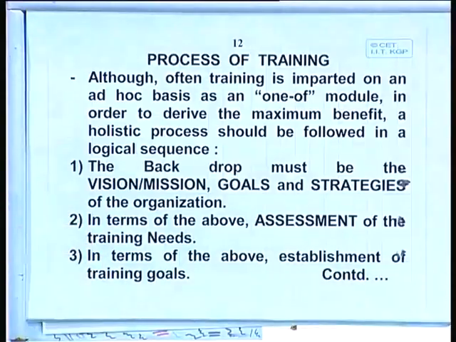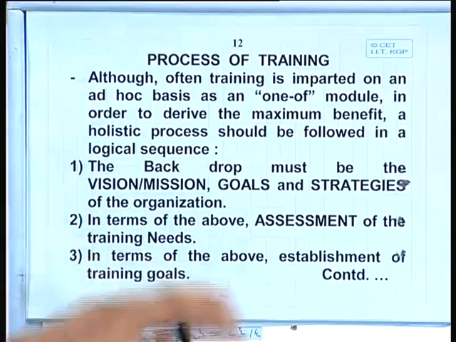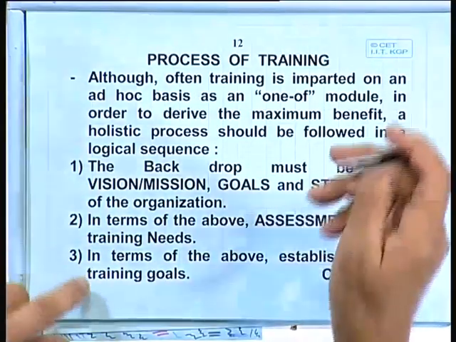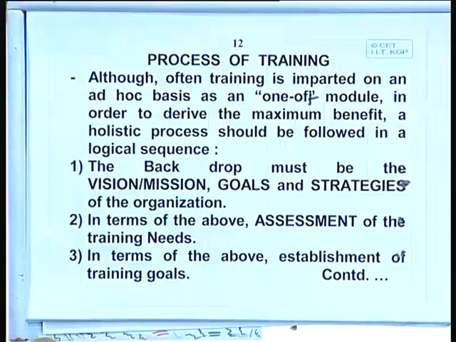So, the process of training, although often training is imparted on an ad hoc basis as one off, okay, that means not continuing, but just one training given, one off module. In order to derive the maximum benefit, a holistic process should be followed in a logical sequence.